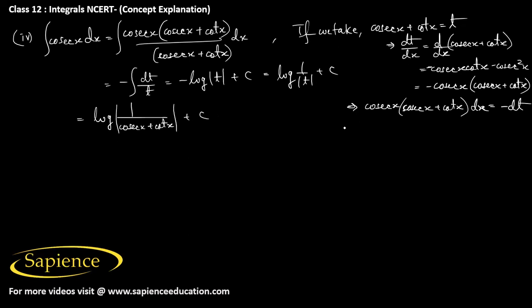So now we also know that cosec square x minus cot square x is equal to 1. So if we factorize this, this will be cosec x minus cot x into cosec x plus cot x, which is equal to 1. So cosec x minus cot x, I can write as 1 by cosec x plus cot x.